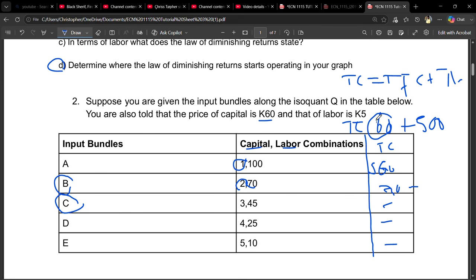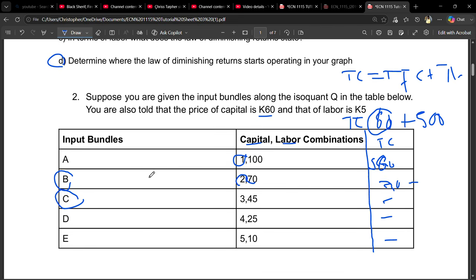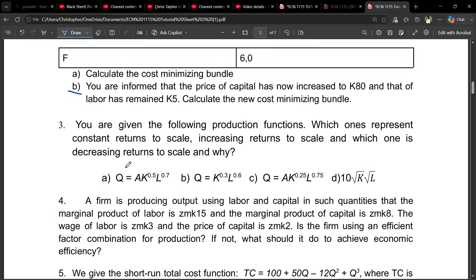You now replace it with 80 times 1, but 5 remains the same. So you are saying 80 plus 500 is going to give us 580. So you just continue the same thing, but you're replacing 60 with 80. So probably the question will also ask to find the cost minimizing bundle. Again, you find the lowest. So that is your answer, like we did in the first part.